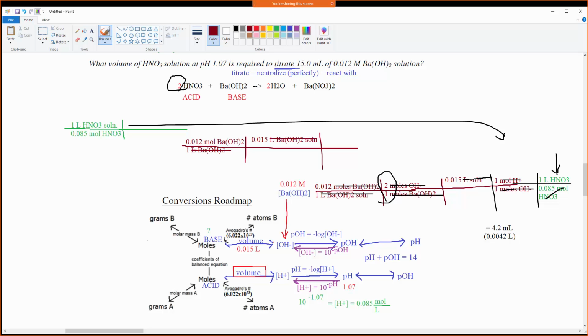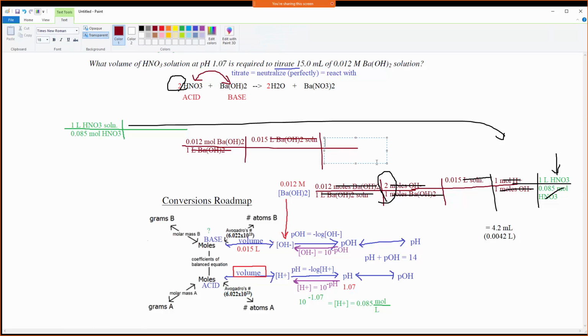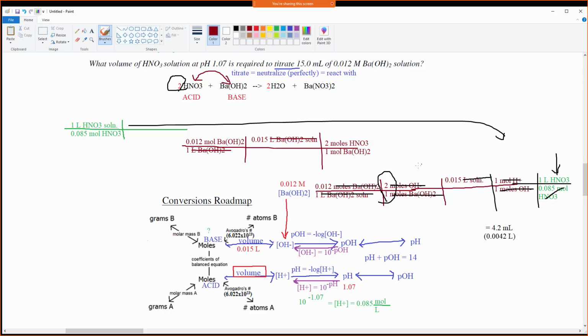Now, if I'm at moles of my base and I'm going to moles of my acid, now I can use that ratio. This is totally fine. You'll get the same exact answer. And here's where you say, all right, I have 2 moles of HNO3 that will react with every 1 mole of barium hydroxide. So now my moles of barium hydroxide cancel.